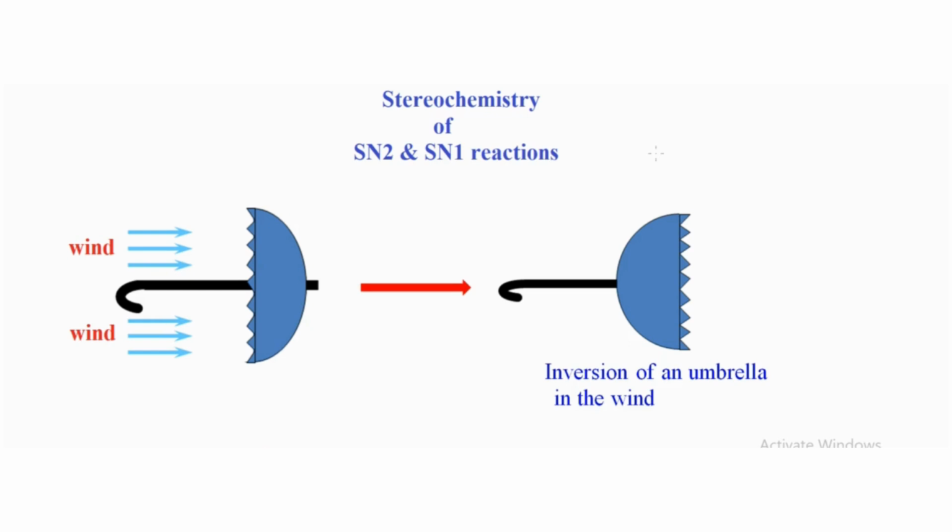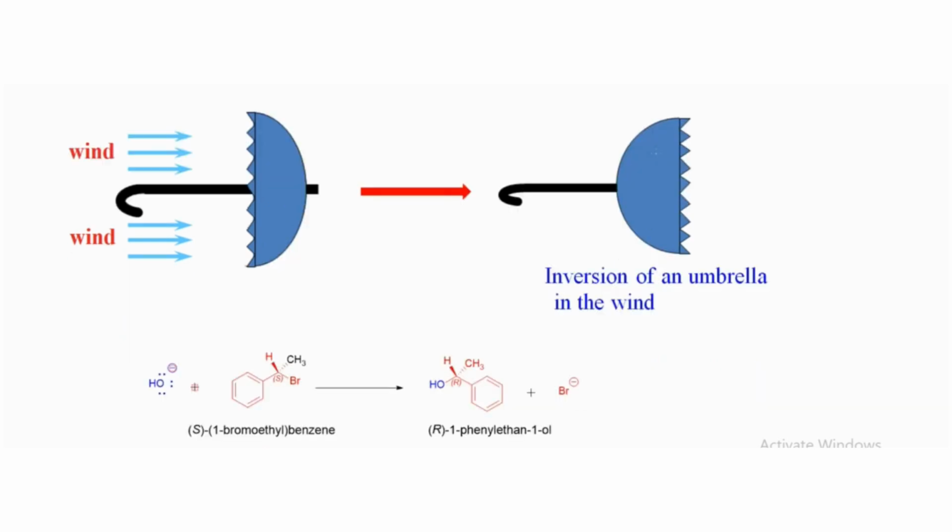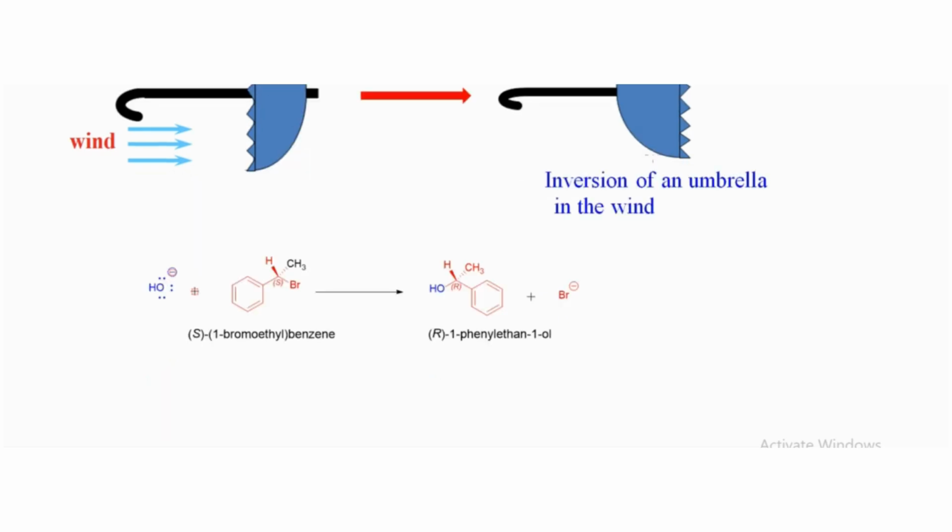The same analogy applies if the SN2 reaction takes place at the chiral center. As we know, the nucleophile always attacks from the back side, opposite to the leaving group. So what happens when it attacks? The nucleophile gets attached here, and the other groups are turned to the other side.